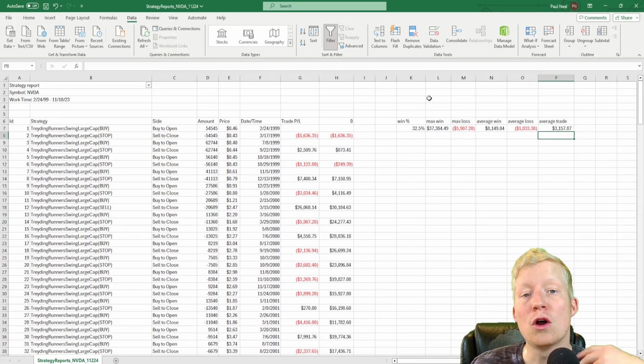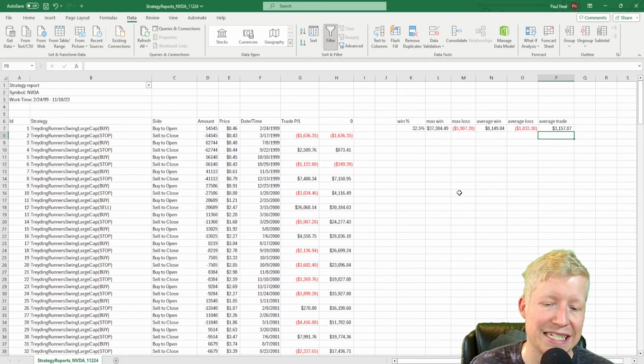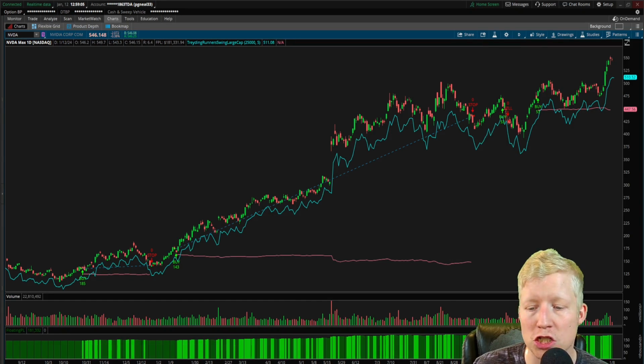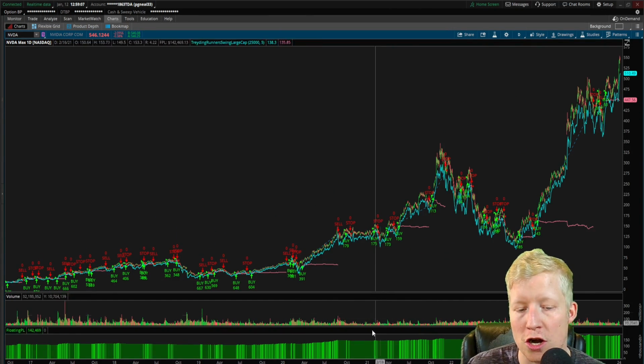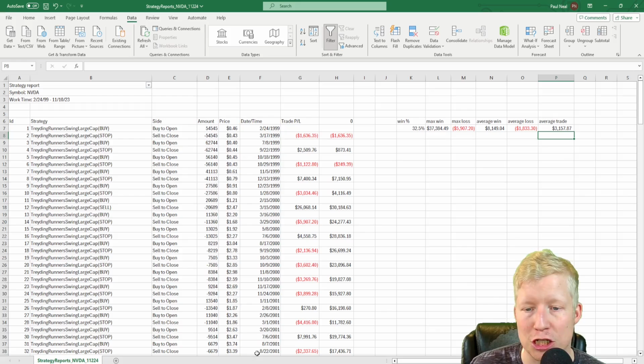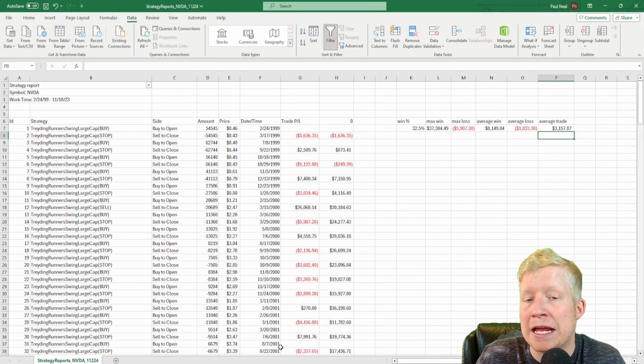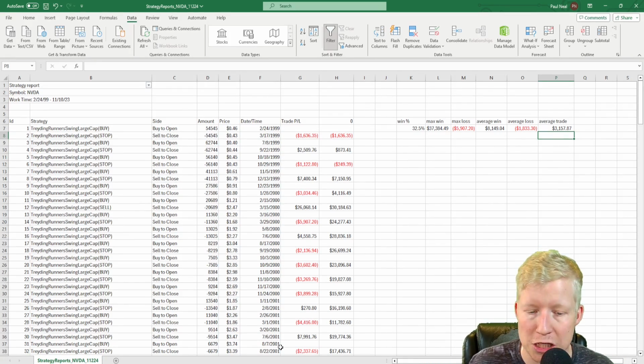So there we go. We have calculated everything out, but is this a real backtest? Does this really mean a lot? We have coded a strategy on the NVIDIA chart, and we have run a backtest that shows that it made money on the NVIDIA chart. Does that really mean anything? No. It means next to nothing, if I'm being honest with you.